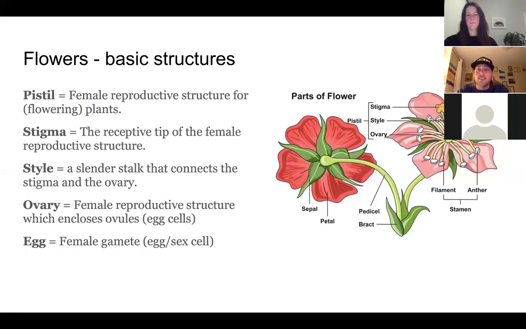That just connects the stigma to the ovaries, and the ovaries is where the female egg cell, or the ovule, is located.